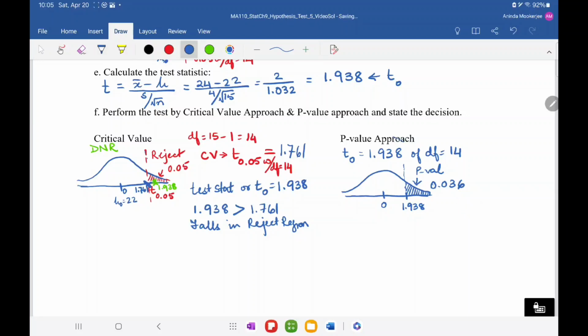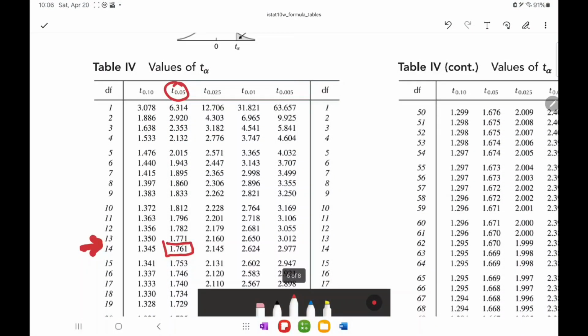However, if you are using the table, then it'll be an estimated value. So let me go to the table and quickly show you how to come up with that. Our df is still 14, which is this row here. And the t value was 1.938.